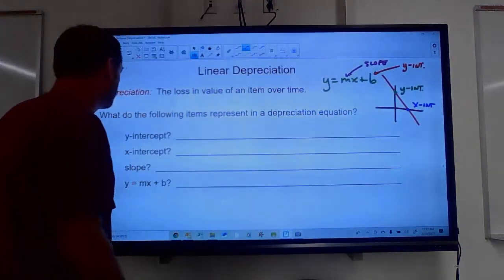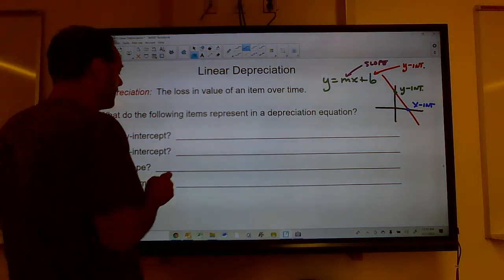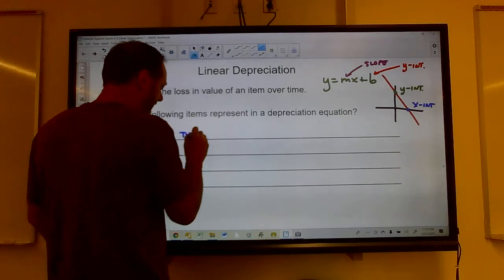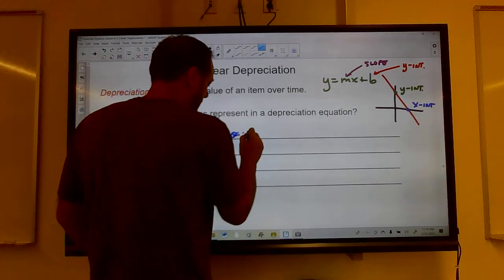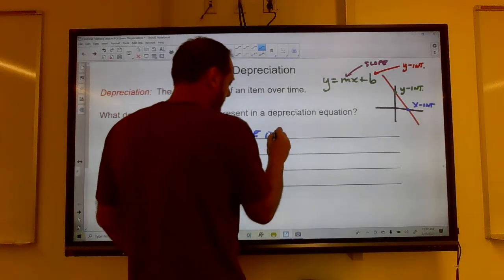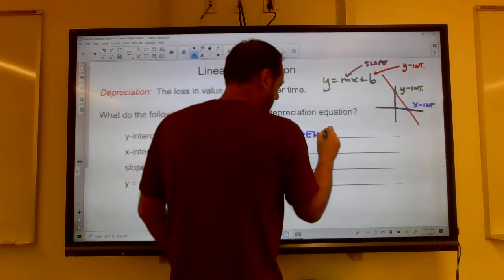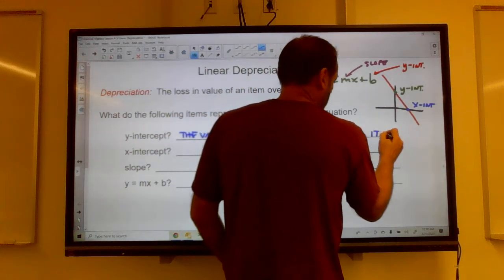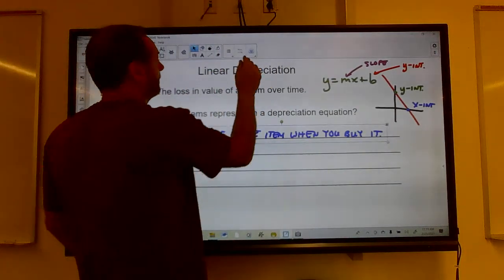Okay, so what do the following things represent in a depreciation equation? Well, the y-intercept is the value of the item when you buy it. And since I have that in green over here, I'm going to go ahead and turn this into green right here.